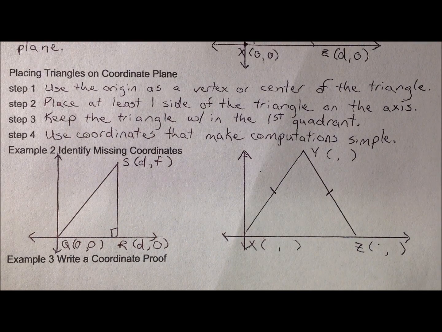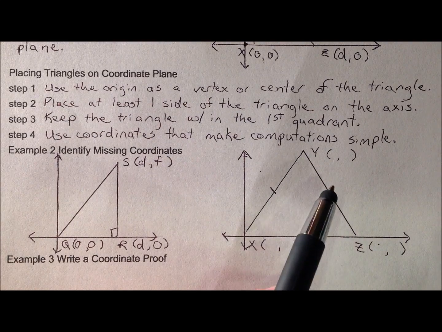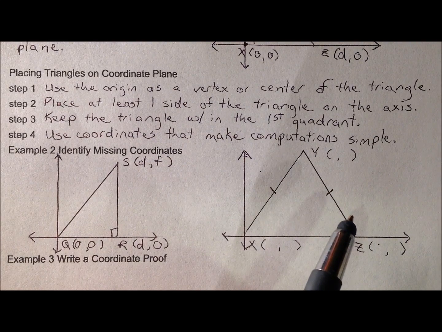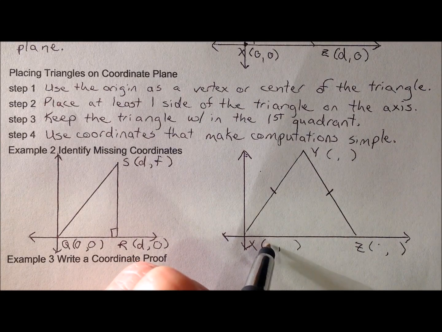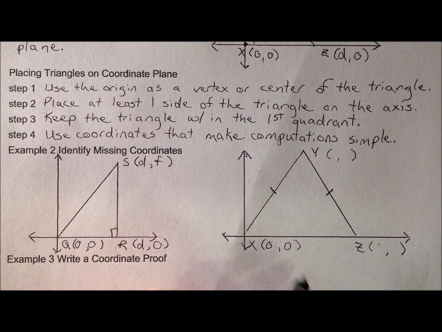Another problem to look at for example 2, finding the missing coordinates for this isosceles triangle. X again is going to be 0 and 0.